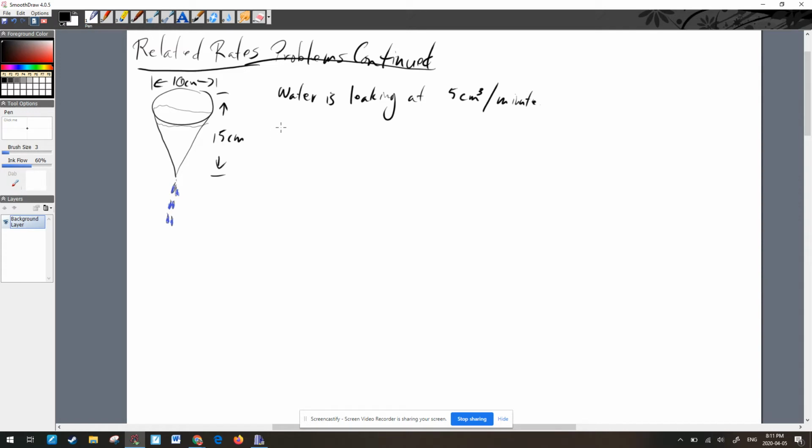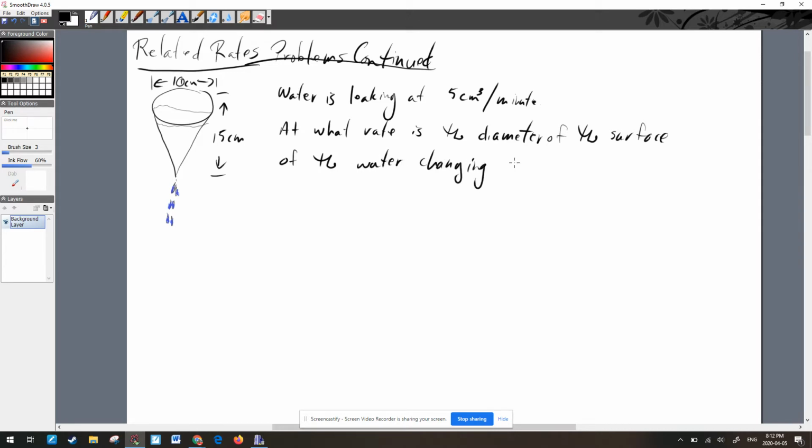So not extremely fast, but it is leaking out. My question is, at what rate is the diameter of the surface of the water changing when the depth is 10 centimeters deep?